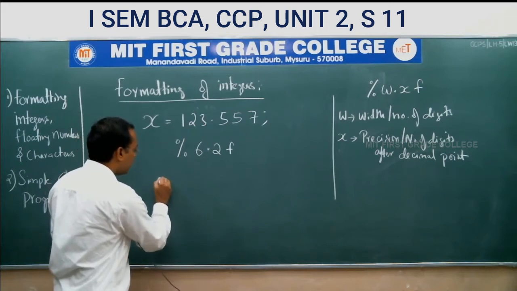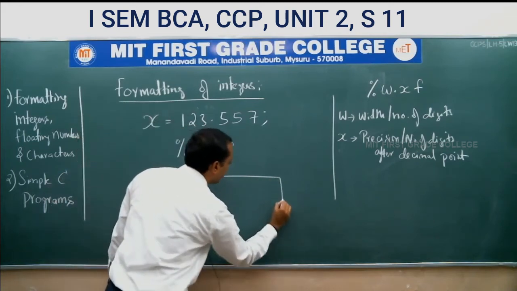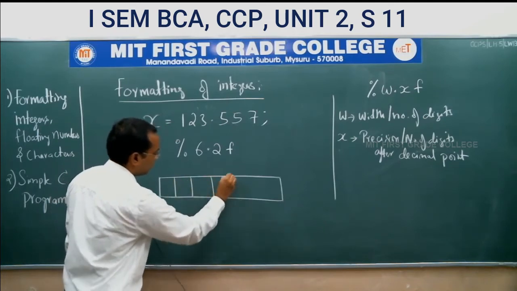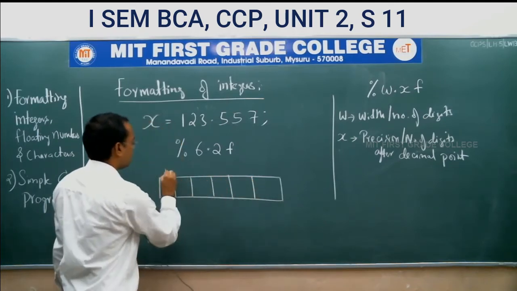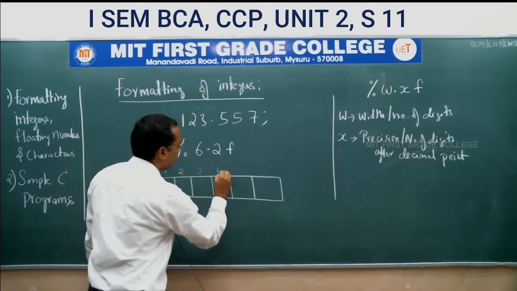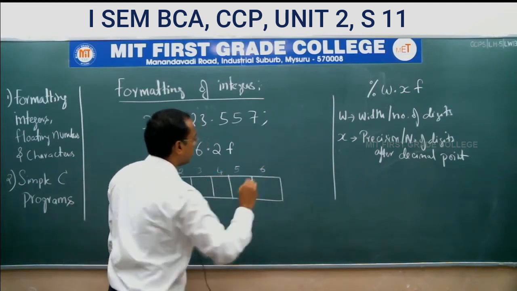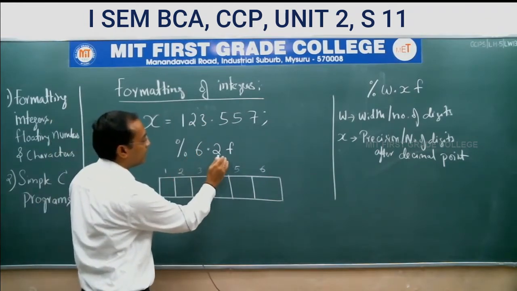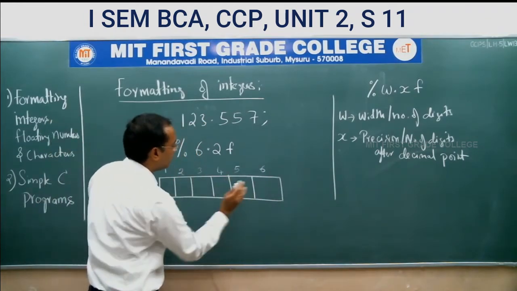123.557. So how many characters of width are there over here now? 6. 1, 2, 3, 4, 5 and 6. How many digits are there after the decimal point? 2 digits.